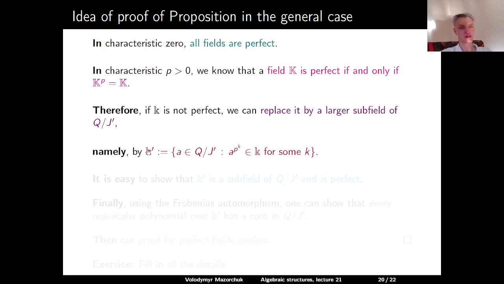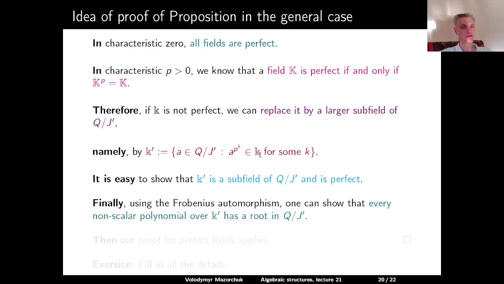So we consider the subfield K prime of Q divided by J prime, which consists of all elements A such that A raised to the power p to the power k, for some k, belongs to our field little k. It is easy to show that K prime is a subfield and that it is perfect. And using the Frobenius automorphism, one can show that every non-scalar polynomial over K prime has a root in Q divided by J prime.